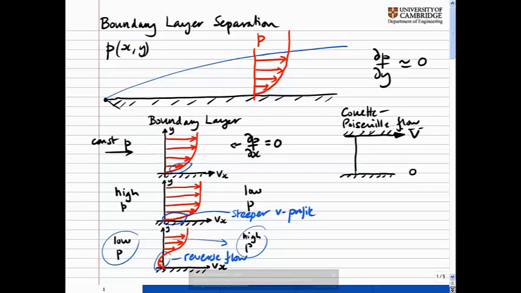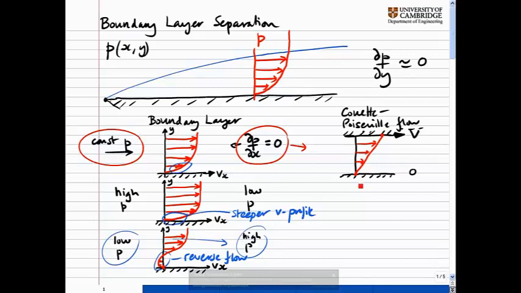So if we draw the velocity at the bottom, by the no slip condition it's going at velocity 0, and the velocity at the top plate by the no slip condition is going at velocity v. In just pure Couette flow we have a constant pressure in the x direction, so dp/dx is equal to 0, and we get a linear velocity profile between the two plates. So it looks like this.